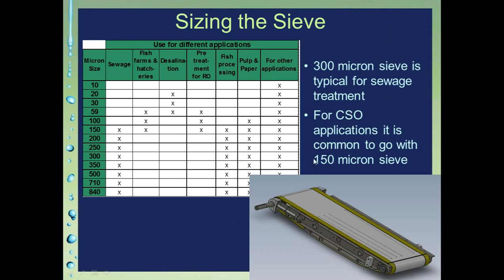When we're talking about CSO applications, we're going to go with a slightly tighter sieve, maybe a 150 micron sieve. But there's a lot of different scenarios where we can make adjustments to that sieve to provide appropriate treatment, screening, and capture rates. You see fisheries and desal, they'll use a slightly tighter micron sieve, whereas pulp and paper, you might have up to an 840 micron or 1 millimeter sieve screen.